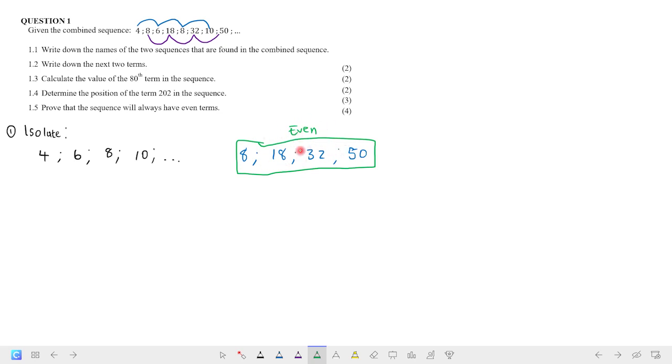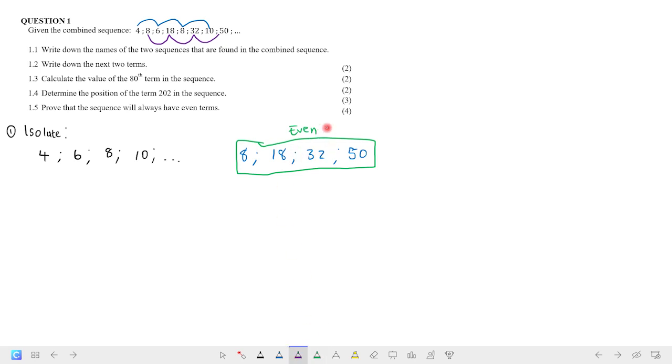But now watch this. If the question says term 100, that doesn't mean it's going to be term 100 here, because term 100 means there are 100 terms in the combined sequence. So if it's term 100 and you want to isolate it, it is going to be half of that. What do I mean by this?